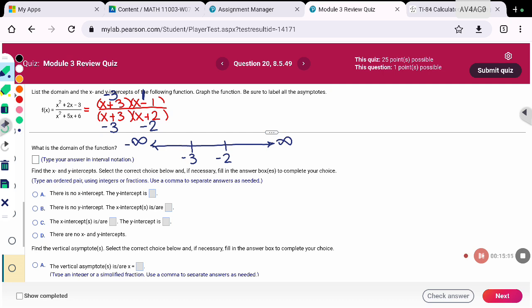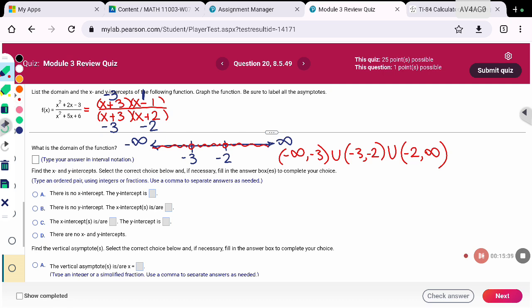And then I can see the 3 intervals. So the domain will be negative infinity to -3, in union with the middle interval, -3 to -2, in union with the last interval, -2 to positive infinity.